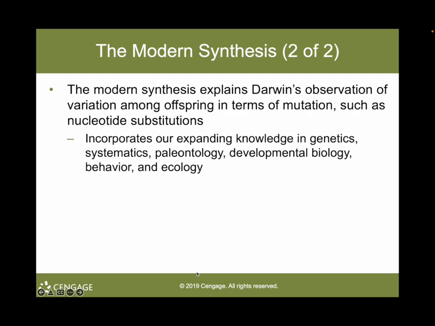So the modern synthesis explains Darwin's observation of variation among offspring in terms of mutation, or changes in DNA, such as nucleotide substitutions. Mutations provide the genetic variability on which natural selection acts during evolution. The modern synthesis, which emphasizes the genetics of populations as a central focus of evolution, has held up well since it was developed.